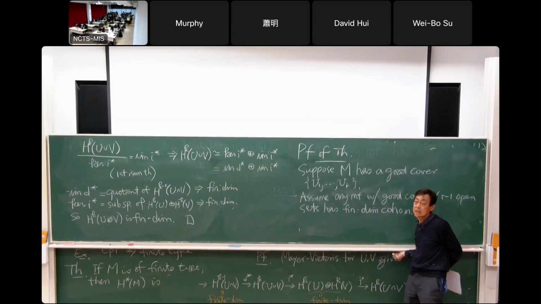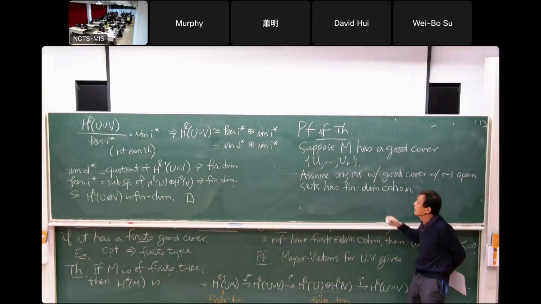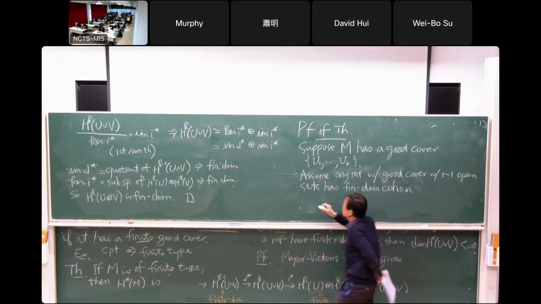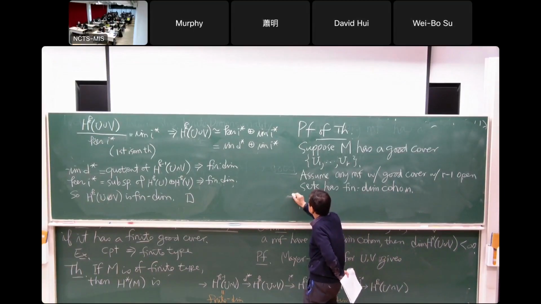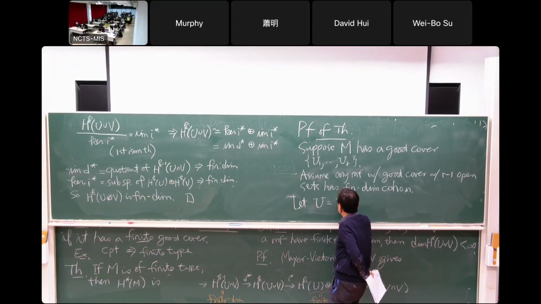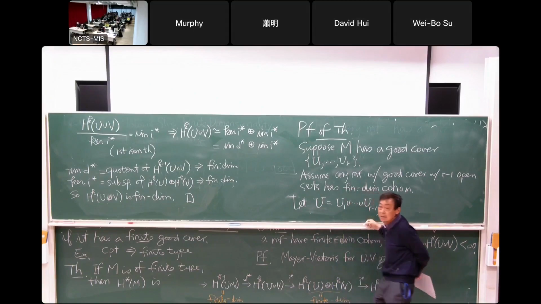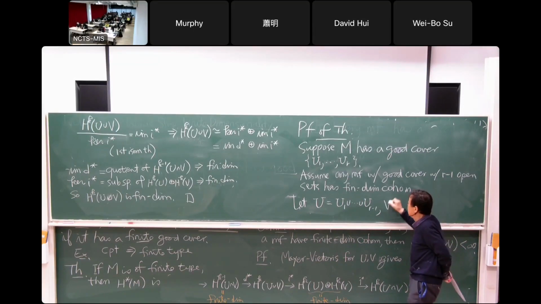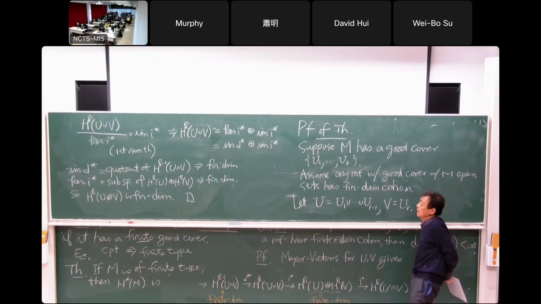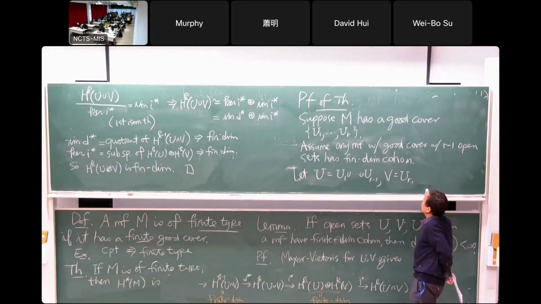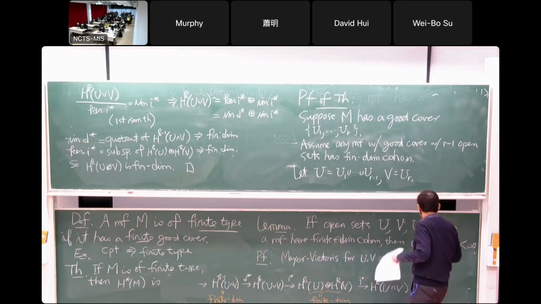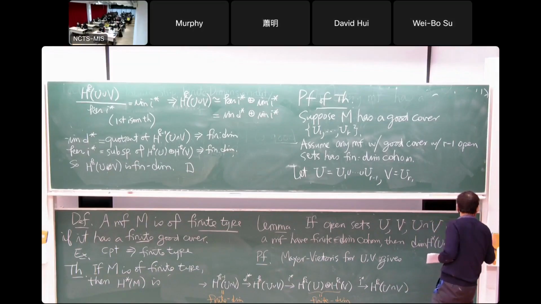Then you let U be the union of U1 to U(r-1), and you let V be the last open set.